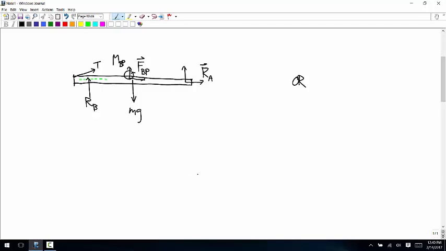So now let's do it where we isolate the beam and we include the pulley. So now the outline looks like that. There's a weight force. You still have this pin joint.